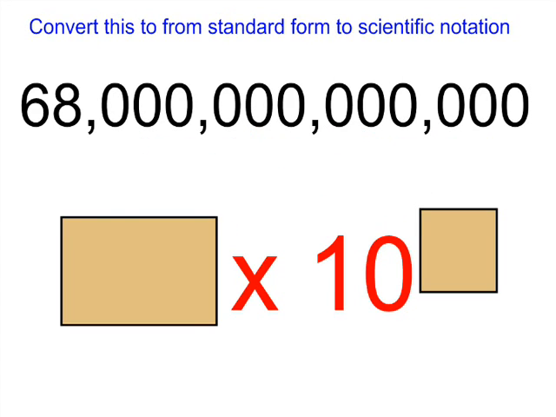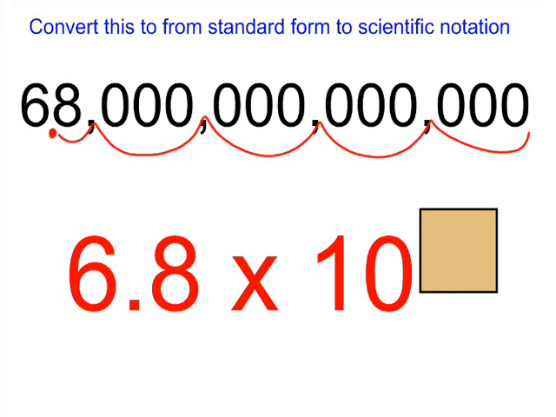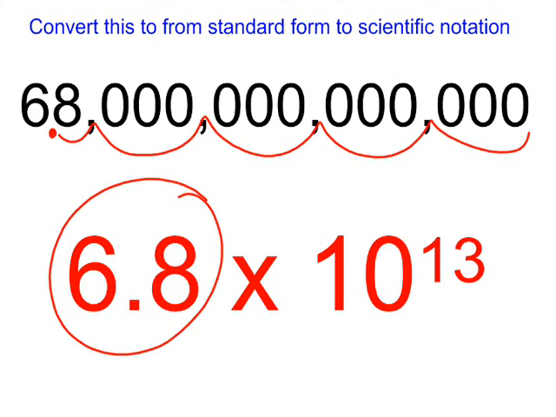Let's do one more. So this is 68 trillion. You'd need to move that decimal 10 spots. That first number's got to be between 1 and 10, and I moved it 13 places. It'd be 10 to the 13th power.